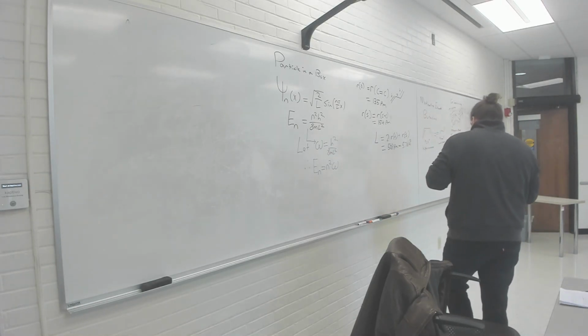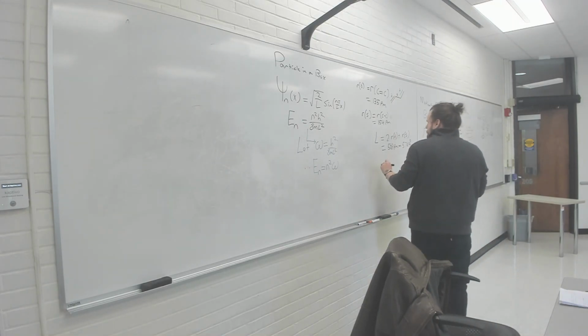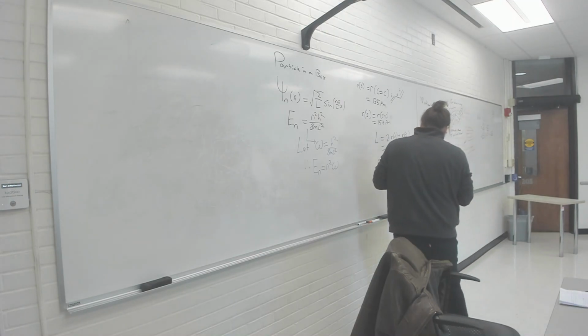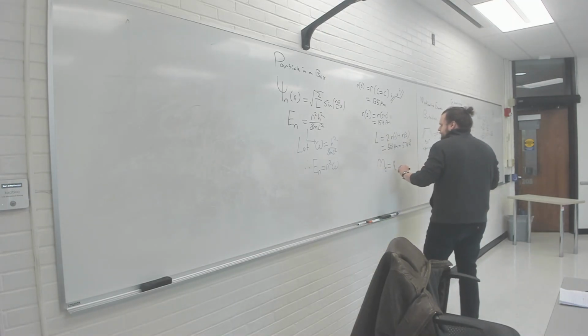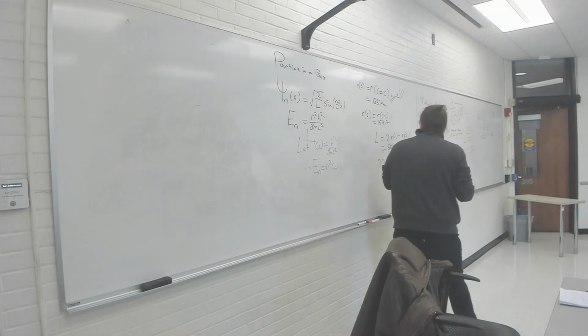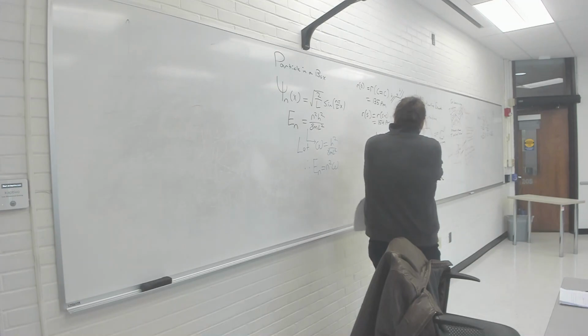And all we need now is the mass of the electron, which surprisingly I've never written down before, but I'll write it here. So the mass of the electron is roughly 9.109 times 10 to the minus 31 kilograms. Roughly. There are some more digits to that, of course, but that's good enough for our purposes.